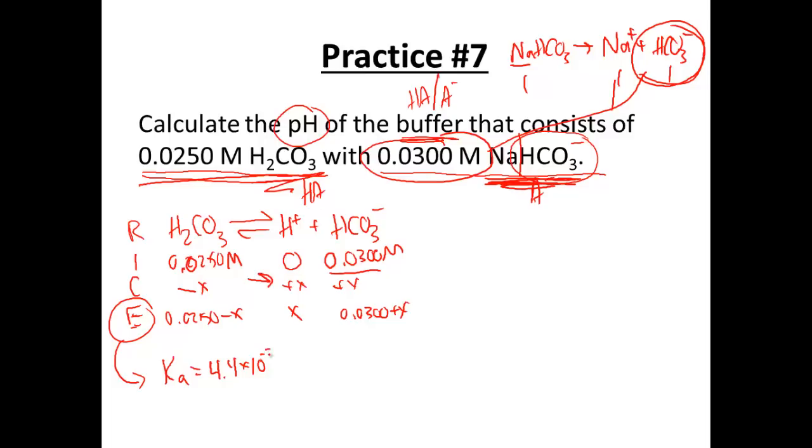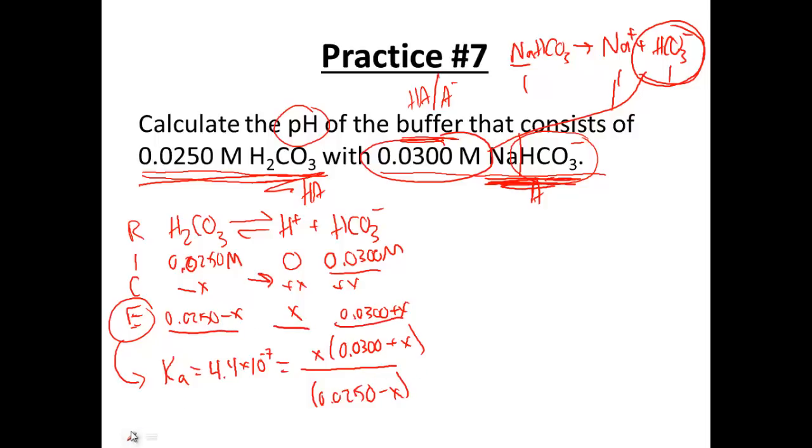Now this equals the products over reactants. It's no longer x squared on top. It's going to be x times 0.0300 plus x divided by 0.0250 minus x. So it's the products here divided by the reactants.